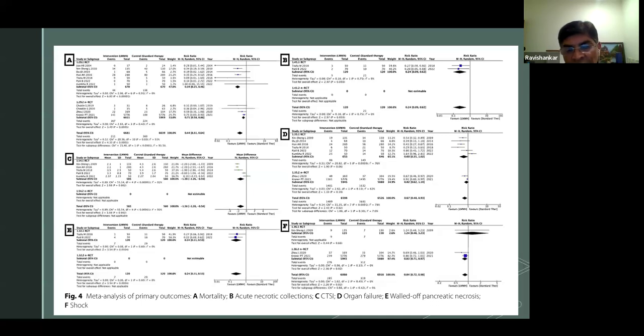If the diamond is on the right side of the vertical line, the results are not in favor of the intervention. So here you can see most of it, but in terms of F, the diamond is across the line, which means it is not statistically significant. You followed? It's on the left-hand side, your left hand. Yes, sir, as it is facing you. Okay, right, carry on, ma'am.